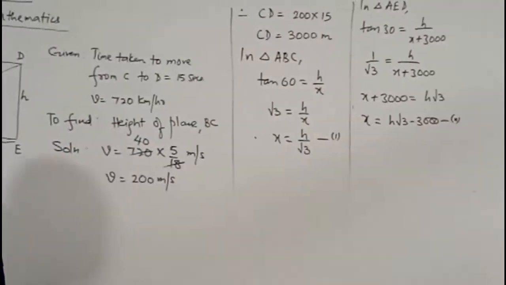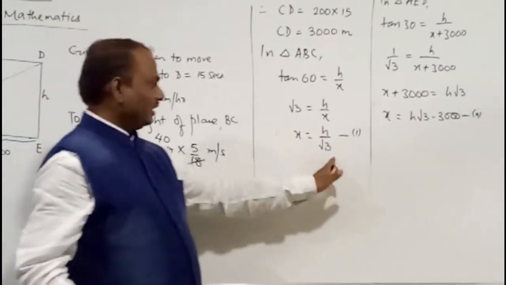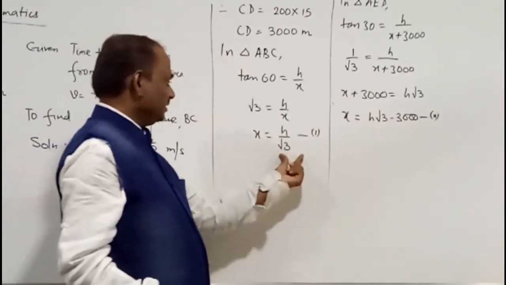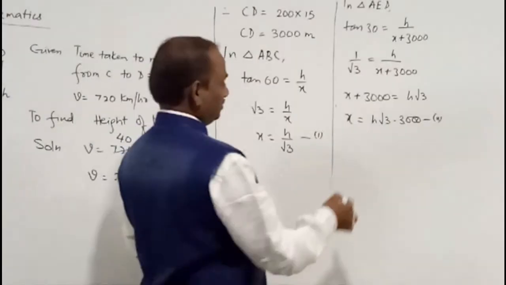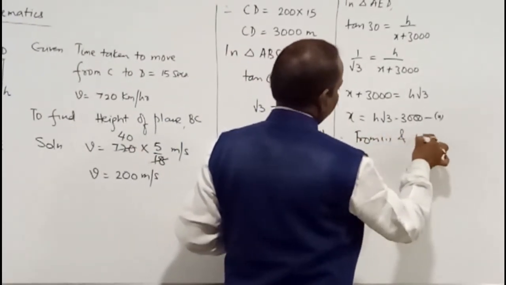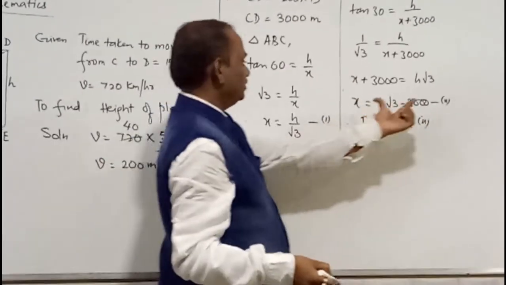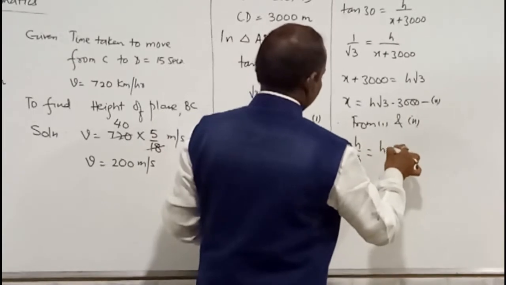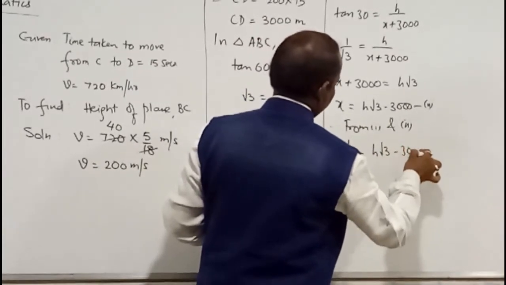So students, if you look at relation number 1 and 2, you can see the left hand side is the same, so we can say that the right hand side is also the same. So from 1 and 2, this is equal to this. So I can say h upon root 3 is equal to h root 3 minus 3000.